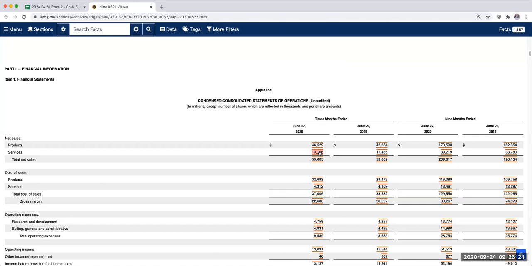So this also kind of crosses over into materiality. If, for instance, I was looking at Apple, do I need to break out my different parts between products and services? And the answer is you pretty much have to, because it's a very significant portion of the overall revenue.